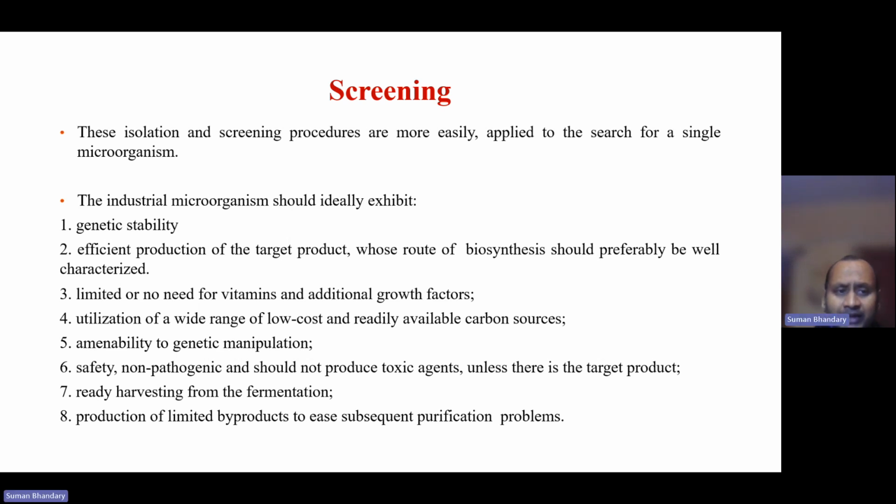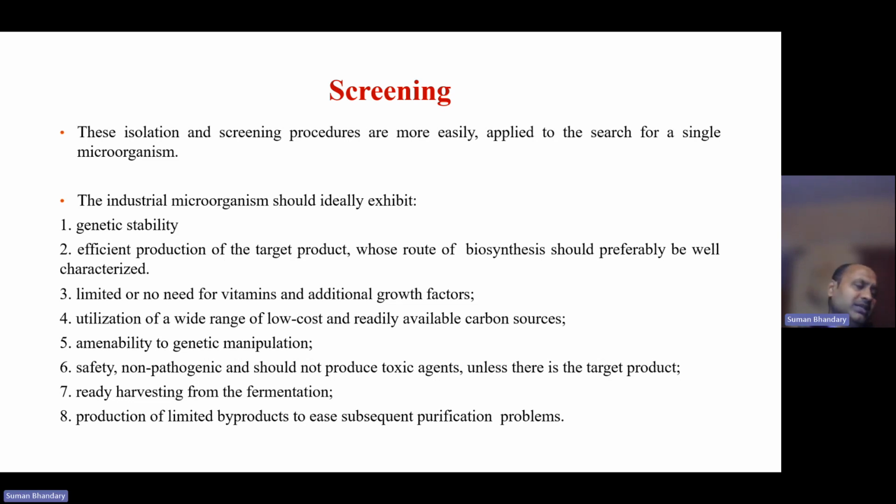If a microorganism has been isolated and screened from a particular source, and we are getting a pure culture, but the microorganism should have some characteristics, then we consider it an ideal industrially important microorganism. So what kind of characteristics should it have?